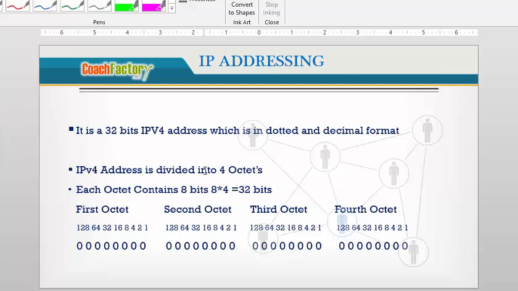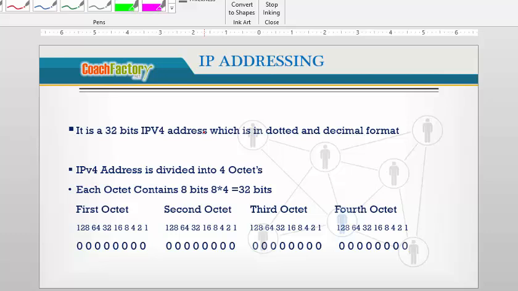In the same way, if a computer wants to send some data to another computer, that computer needs to have an IP address so that we can send the data to that particular destination address. So an IP address is a logical address which will be assigned to the computer so that they can exchange data with each other.